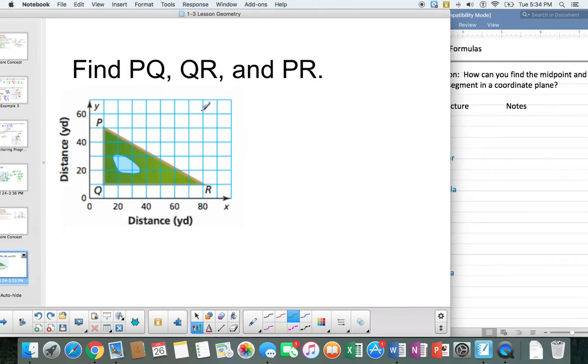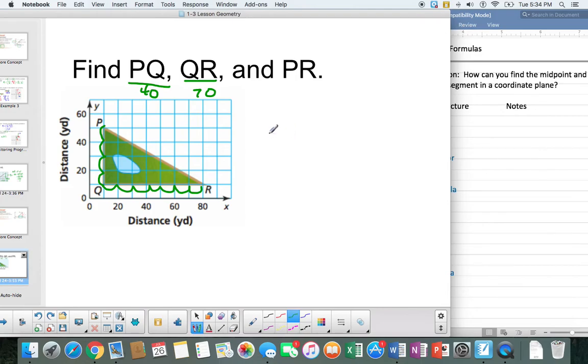All right, so let's try to figure out PQ. PQ, you can see that these are by 5s, by 10s, I'm sorry. So this is 10, 20, 30, 40. So distance PQ is 40. Distance QR, and these are going by 10 again: 10, 20, 30, 40, 50, 60, 70. So this distance is going to be 70. And we'd like to find PR.